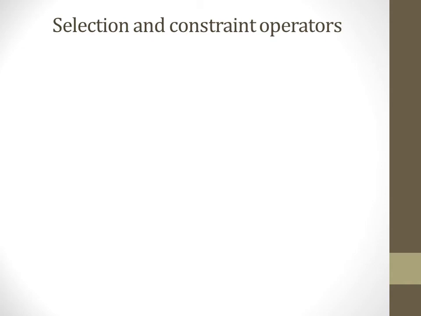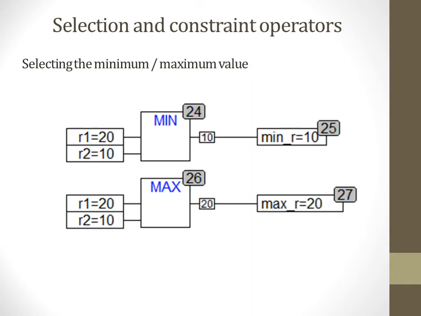So next, the block of operators, selection and constraint operators. Selecting the minimum or maximum value, we can do with the help of these operators. These are the min and max operators.